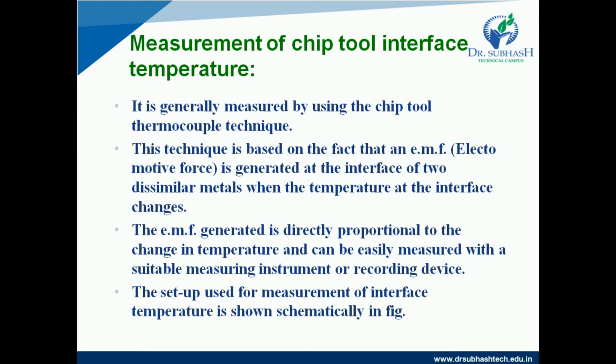If the junctions of the two dissimilar metals are at a uniform temperature, the EMF generated is not affected by the third metal, which is at the same temperature used to make the junction between the first two.